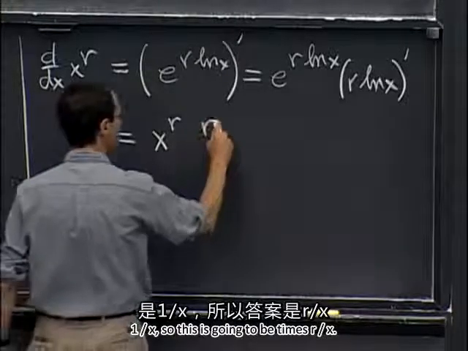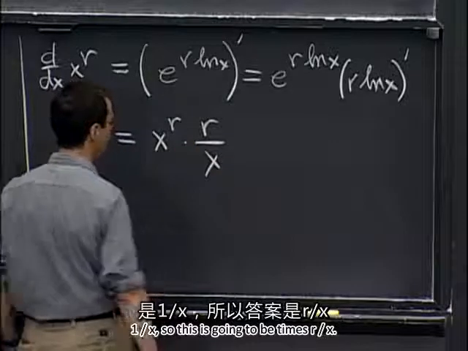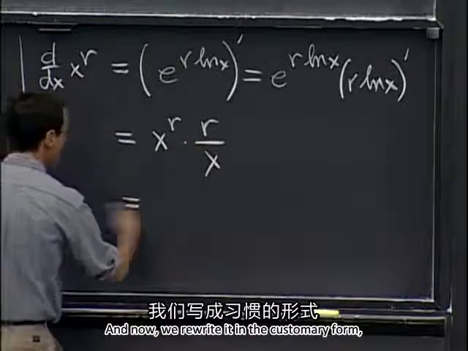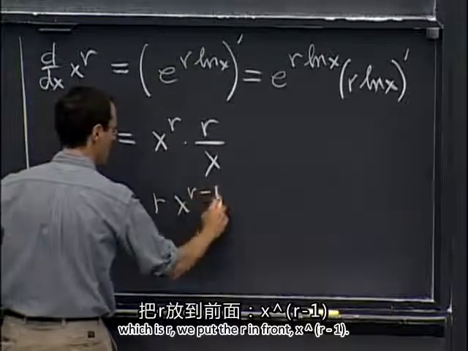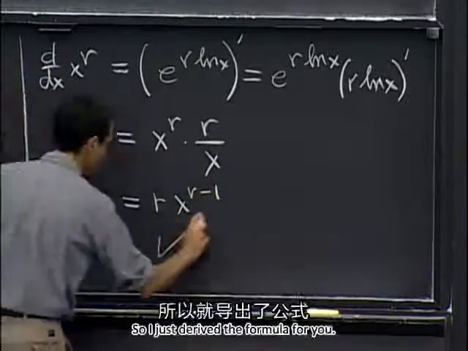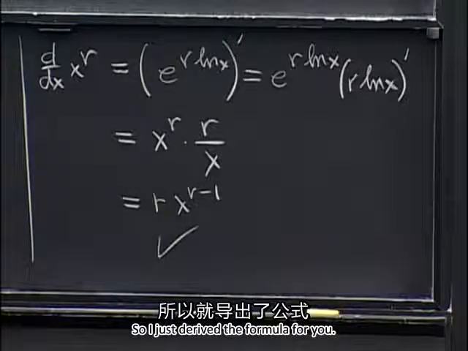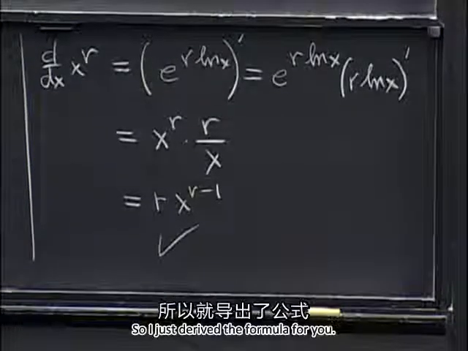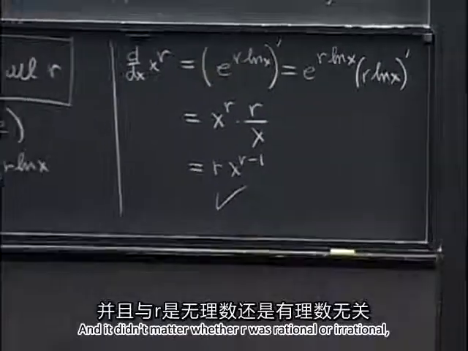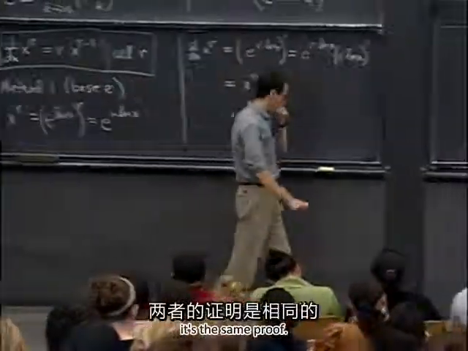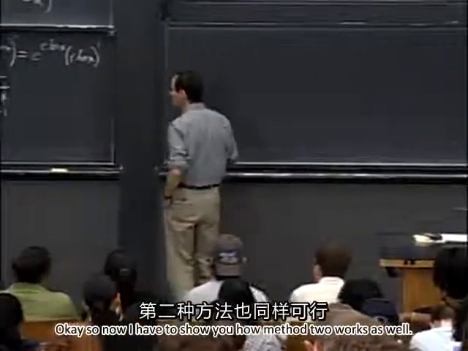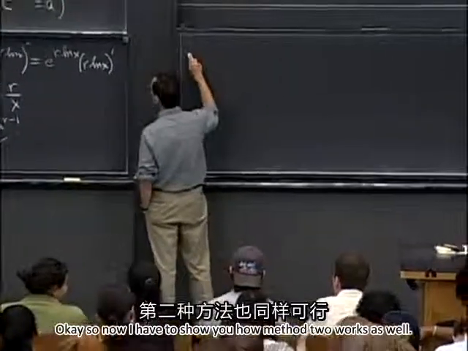So this is going to be times r over x. And now we rewrite it in the customary form, which is r, we put the r in front, x to the r minus 1. Okay? So I've just derived the formula for you. And it didn't matter whether r was rational or irrational. It's the same proof. Okay, so now I have to show you how method 2 works as well.